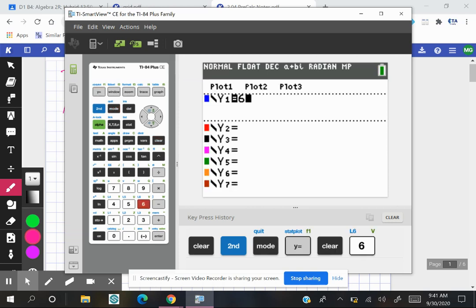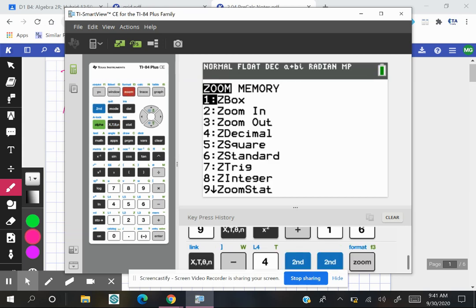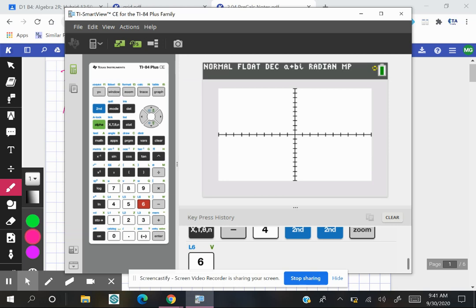So I have 6x raised to the third minus 19x squared plus 16x minus 4. And let's zoom 6. So we get a nice graph here.